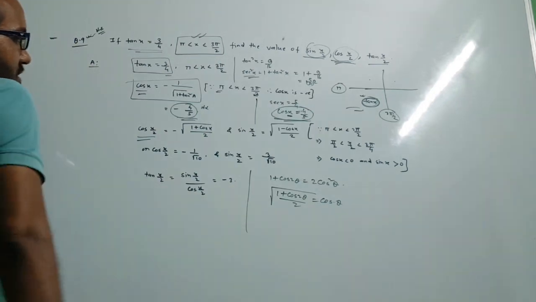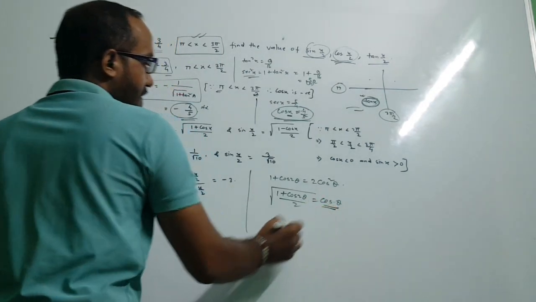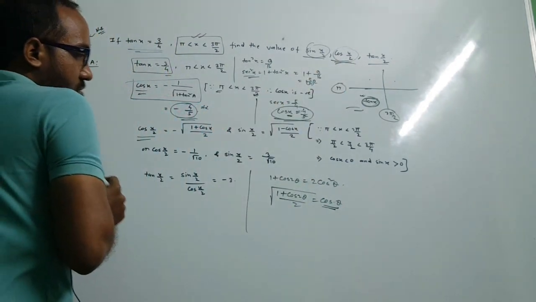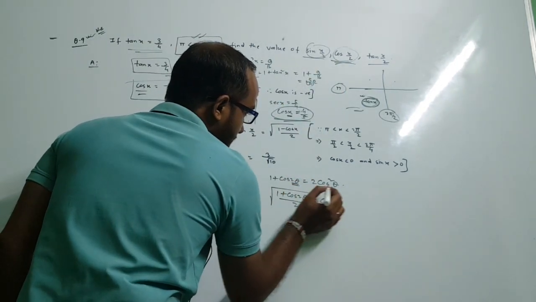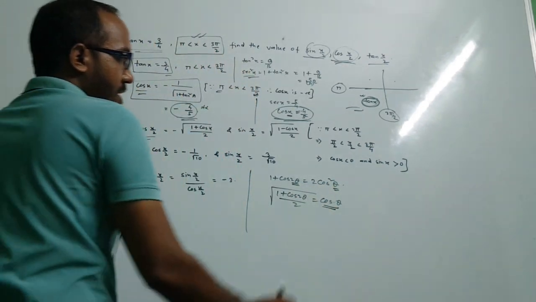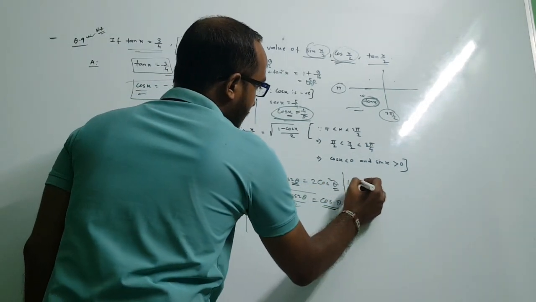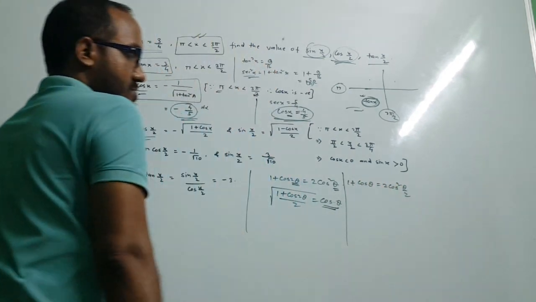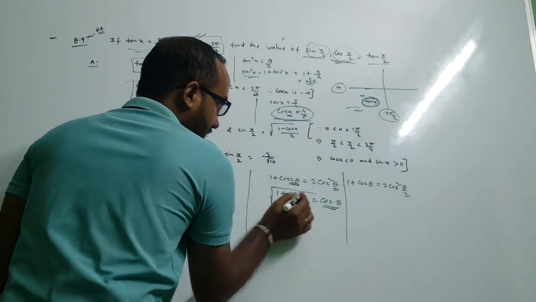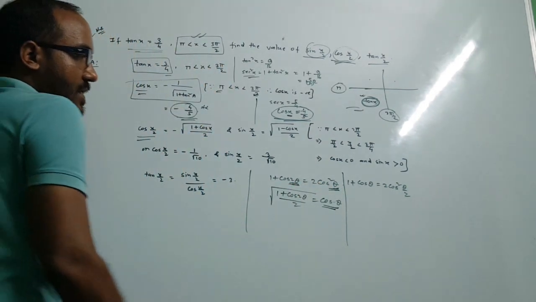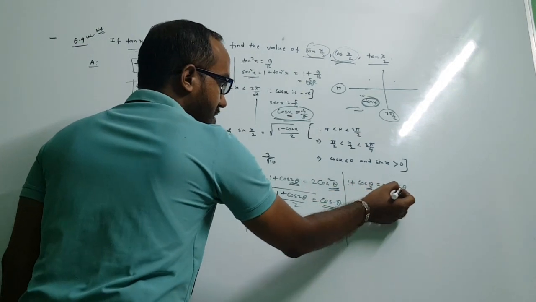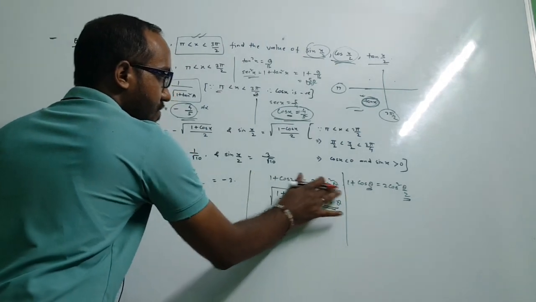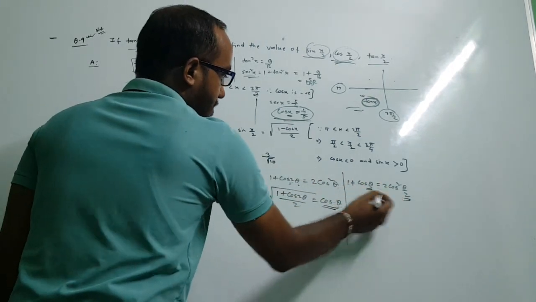But what you need is cos x by 2. Notice one thing: if you have 2 theta here, you have theta here. So can we say 1 plus cos theta would be 2 cos square theta by 2. If you have theta here, then here you will have theta by 2, reduced by half, yes or no. Then apply the same formula.